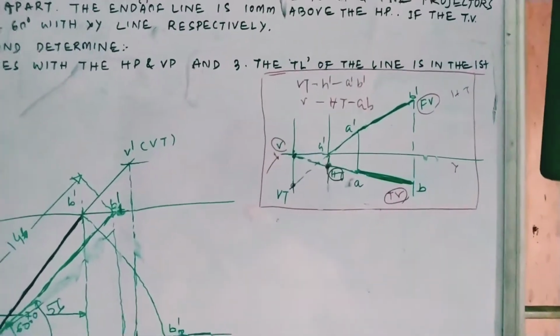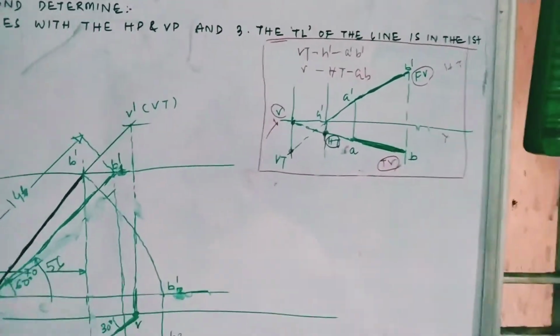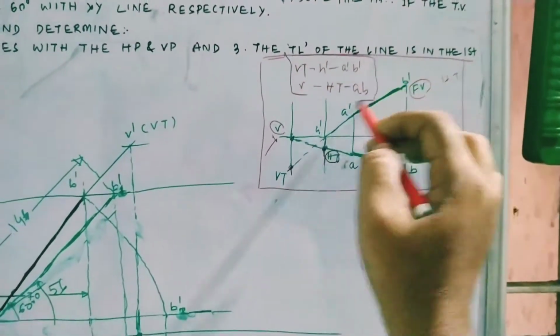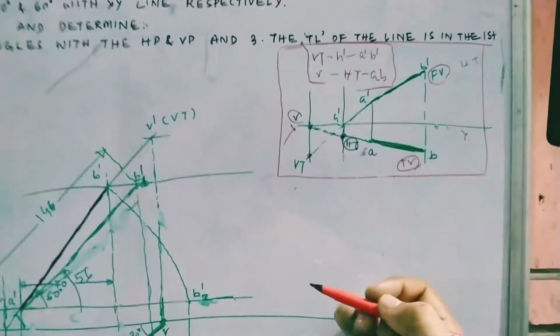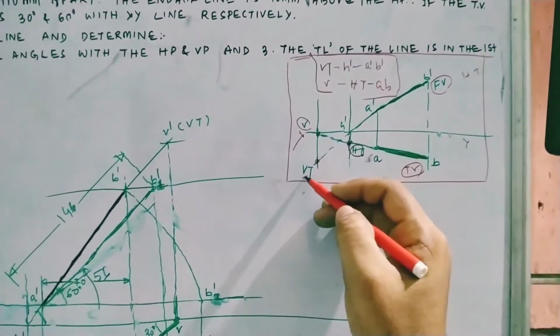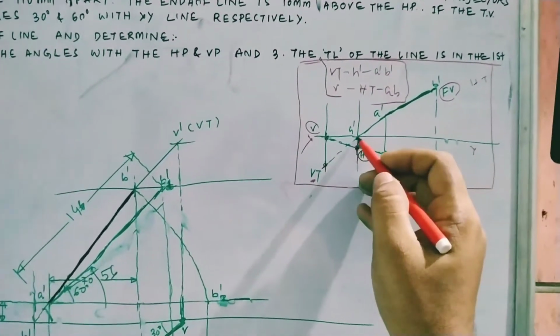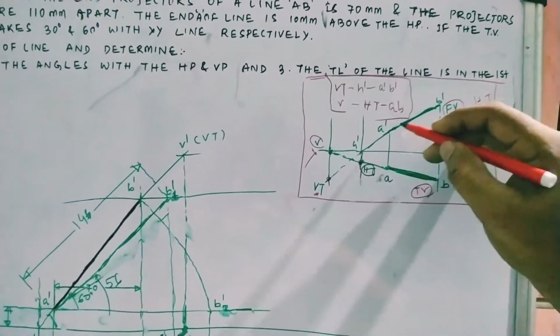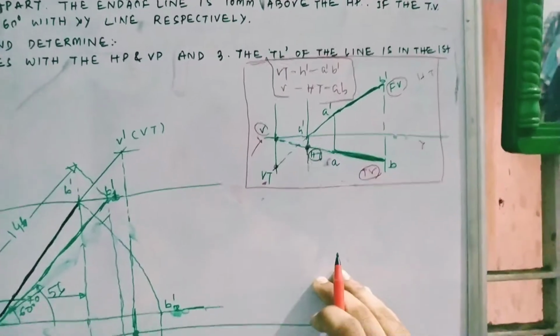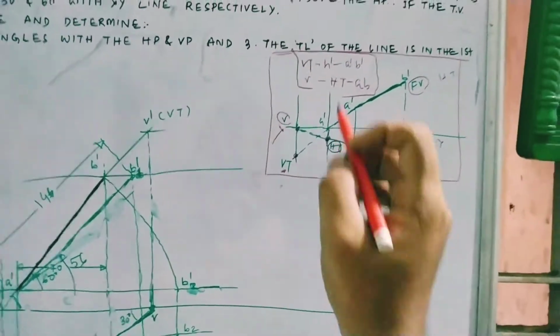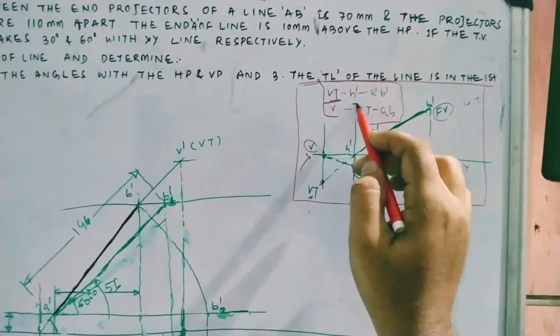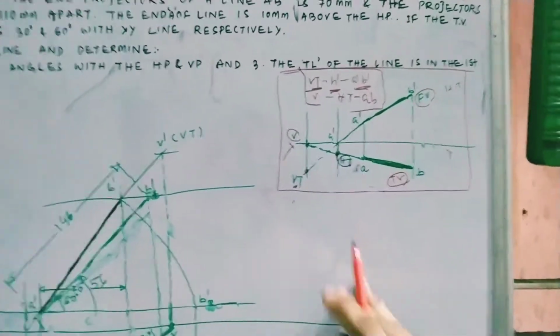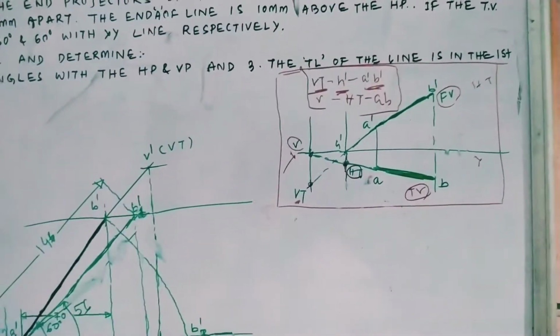Okay, so from this we can conclude some things. Those are very important, that I have written here. If we see the vertical trace and this S dash point and this front view, that is A dash B dash, they remain in a straight line. So the vertical trace, S dash and A dash B dash remain in a straight line.